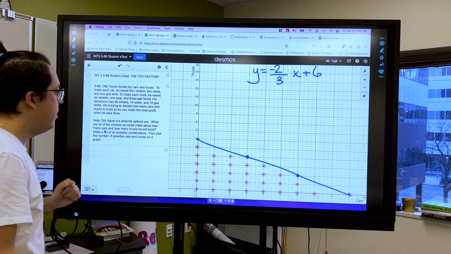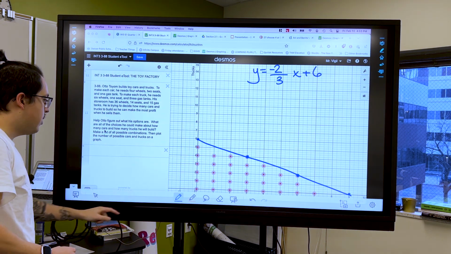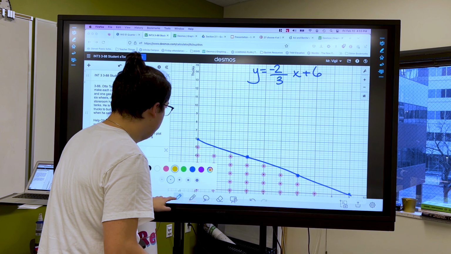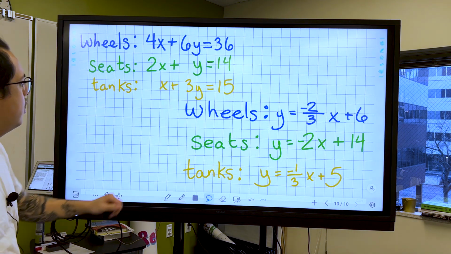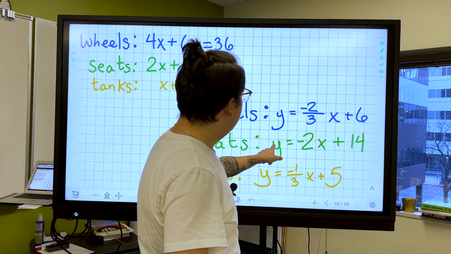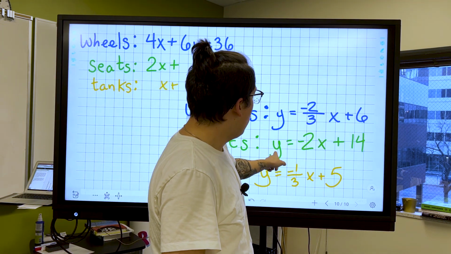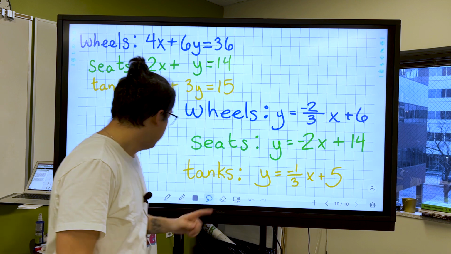I'm going to plot the line that talks about our seats. And just to refresh myself, we know that seats is modeled with the line y equals negative 2x plus 14.